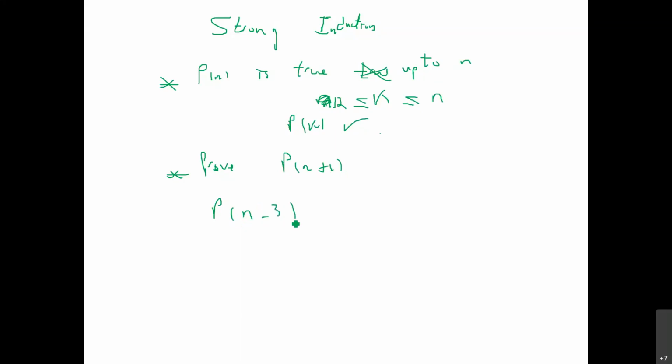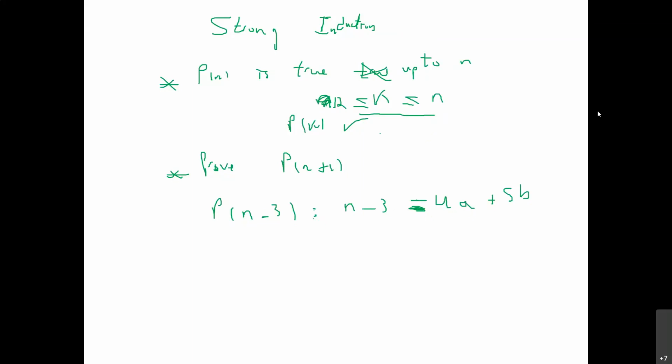Remember, I want to see a 4 on the other side. P of n minus 3 is definitely going to be in this range, right? What does this say? It says n minus 3, yes, you can find some a and some b such that this works, such that n minus 3 you can write in this form.